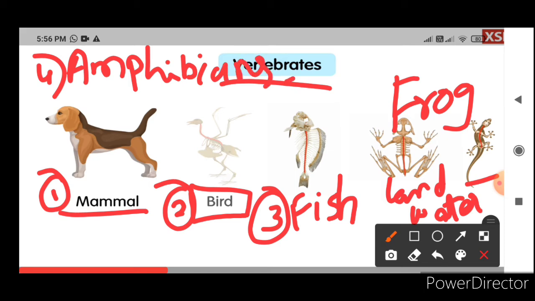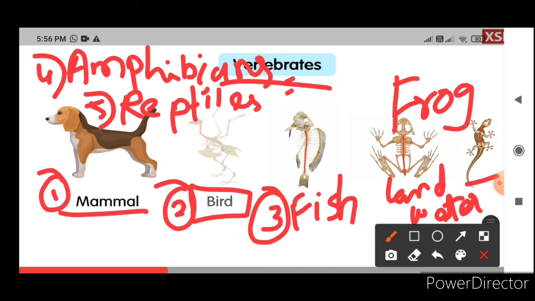Example of amphibians, frog. And the next one is reptiles. Example, lizard.